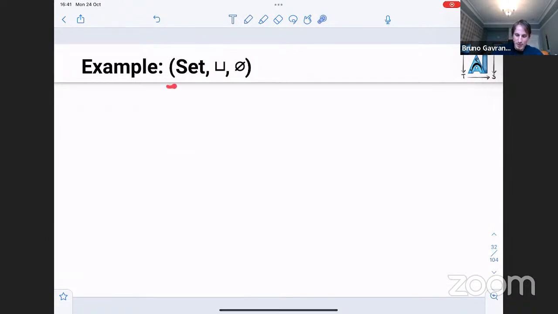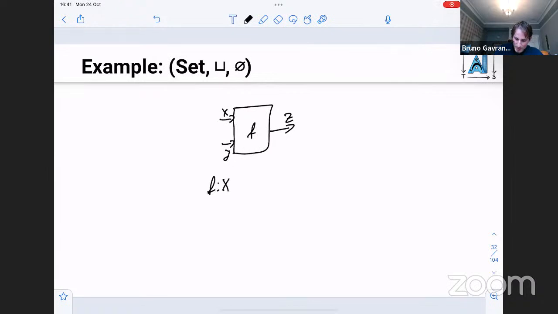So if I tell you I have the category Set with disjoint union as the monoidal product, then the same diagram drawn, X, Y to Z, would be interpreted as F from X disjoint union Y into Z.